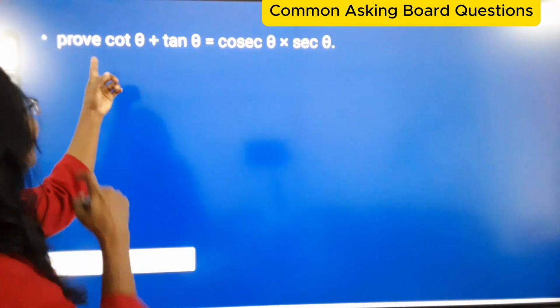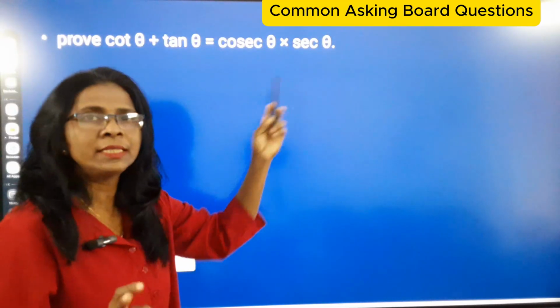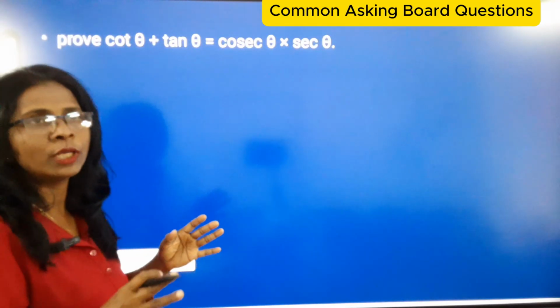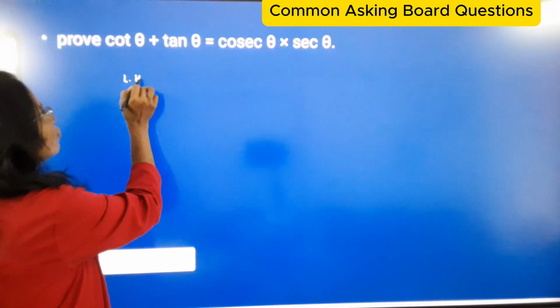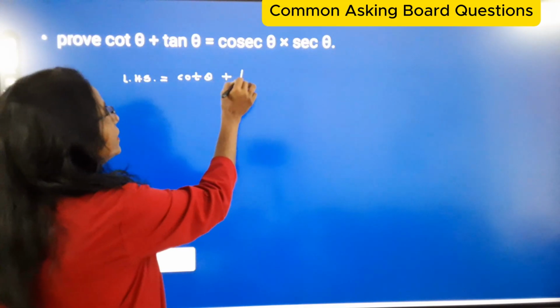Prove that cot theta plus tan theta is equal to cosec theta multiply sec theta. This question arises frequently, students. So we first write the LHS, cot theta plus tan theta.